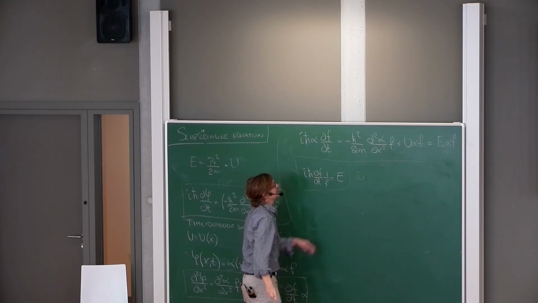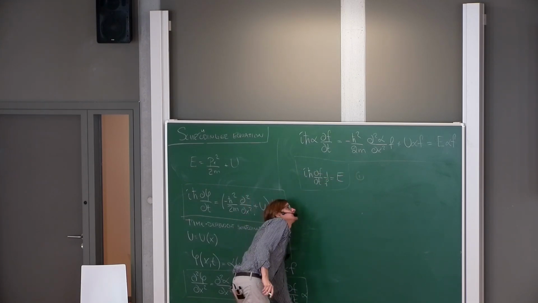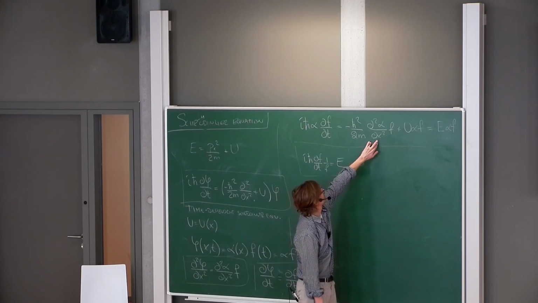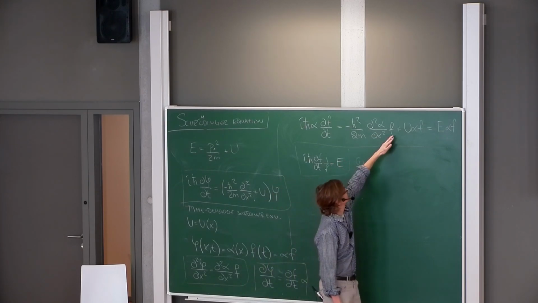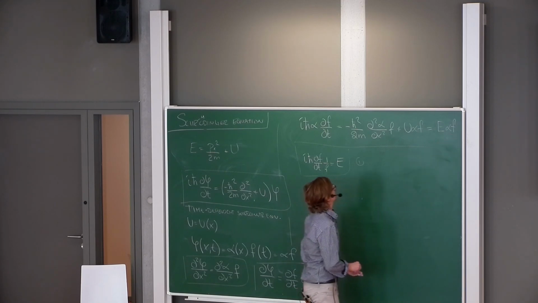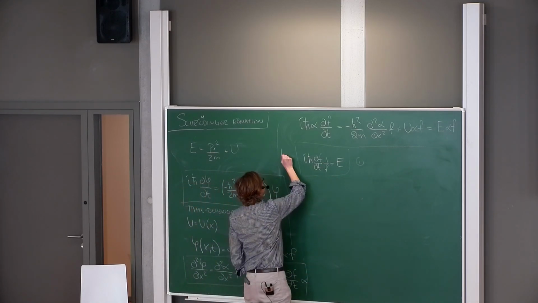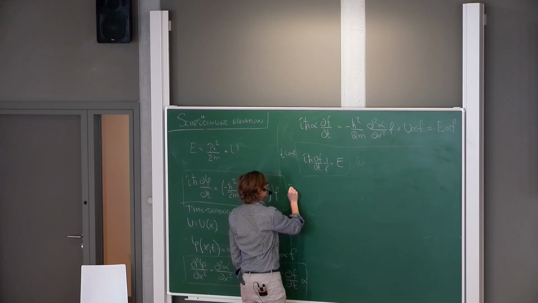Okay. The second equation here, the space part, we see that we can get rid of the f, right? We divide through. So for the second, this is the time part, and this is the space part.